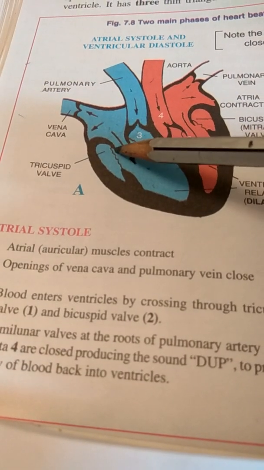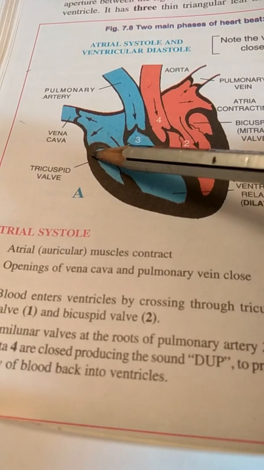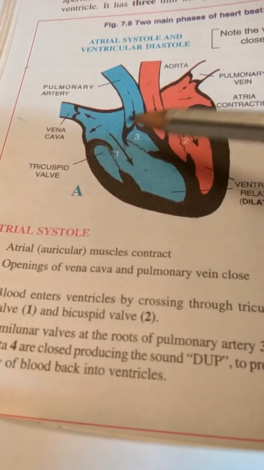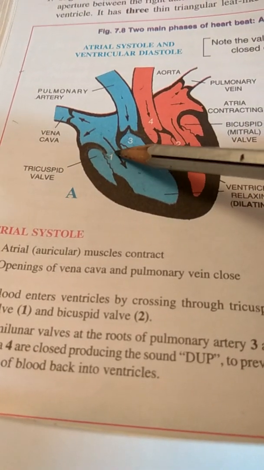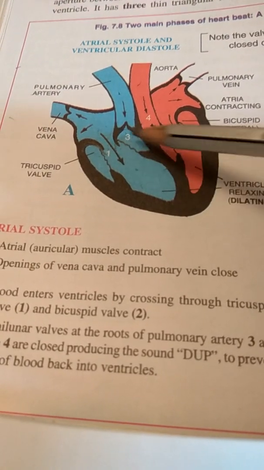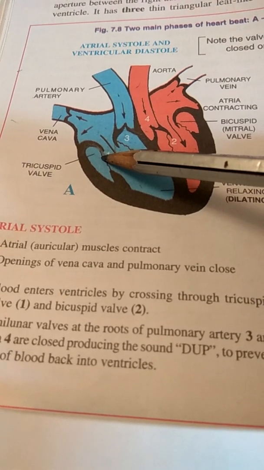This aperture is guarded by three flap-like structures. Can you see these black colored curved structures? 1, 2 and 3. These are flap-like structures and they are cusp in shape. Because they are 3 in number, this is called the tricuspid valve.